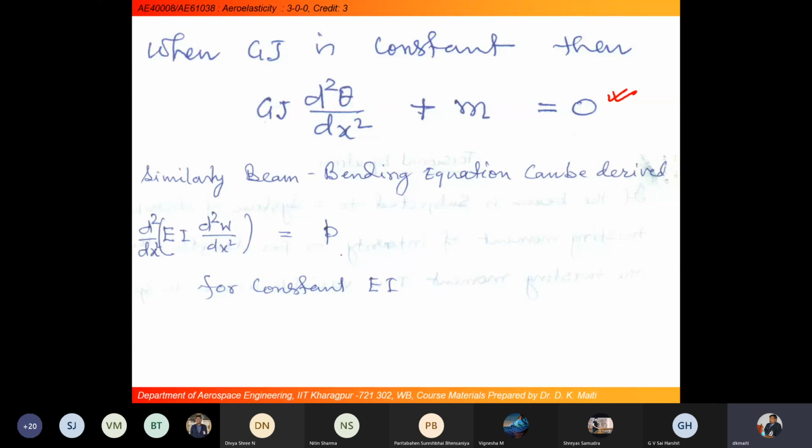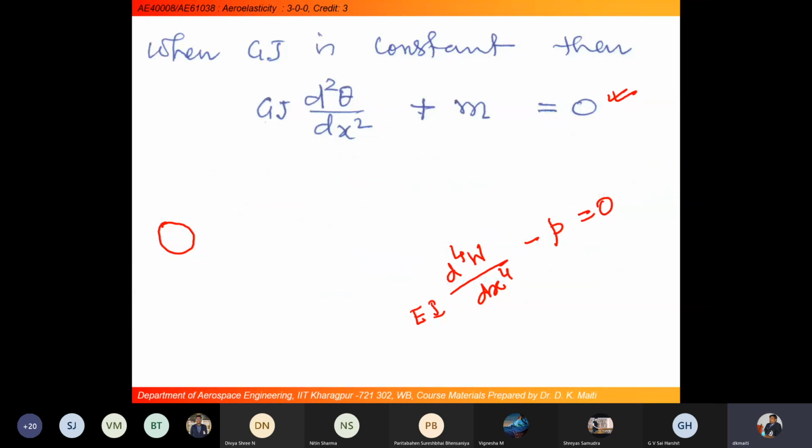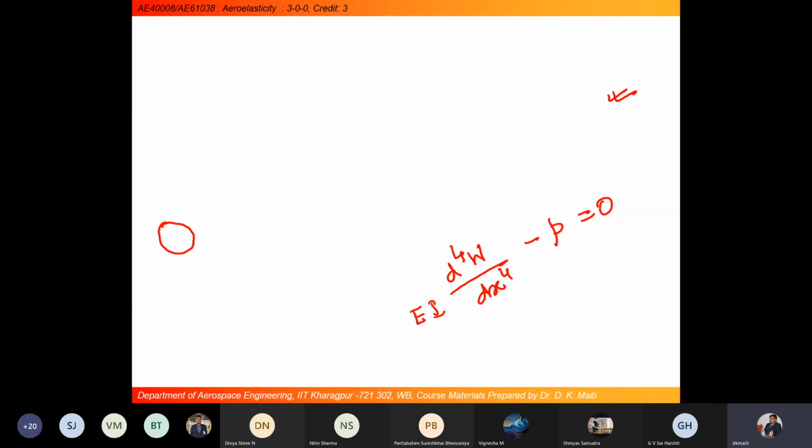Again, when EI is constant for a straight rectangular wing, I can take EI outside, so I can write it as EI d4 w by dx to the power 4 minus p equal to 0. So these are the two equilibrium equations when we are considering a finite wing, idealizing it as a beam model.